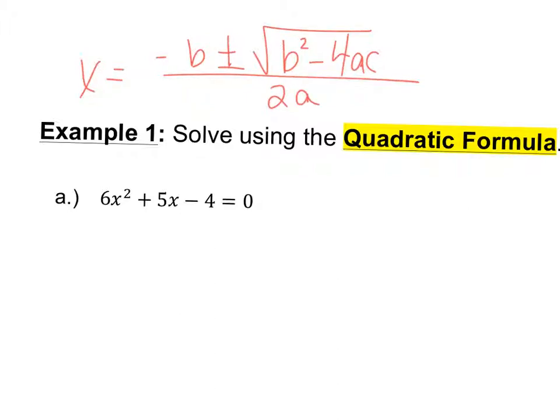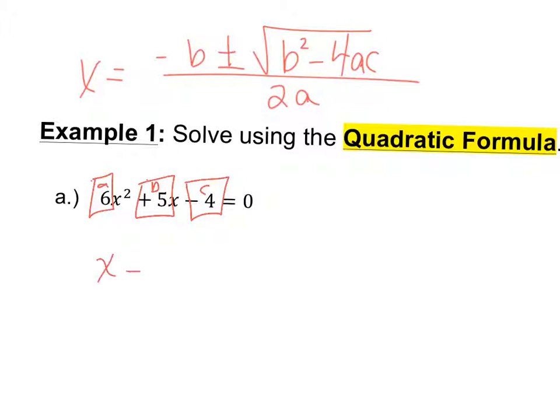So step 1 is still going to be make sure it's in standard form and set equal to 0. Step 2 obviously is going to be make sure you know who a, b, and c are. And then you're going to punch it into that calculator after you set it up, making sure that you are manually doing the order of operations because your calculators don't all function with order of operations.